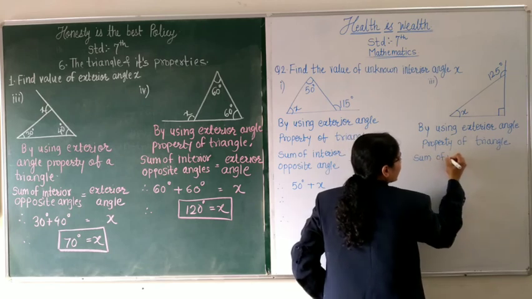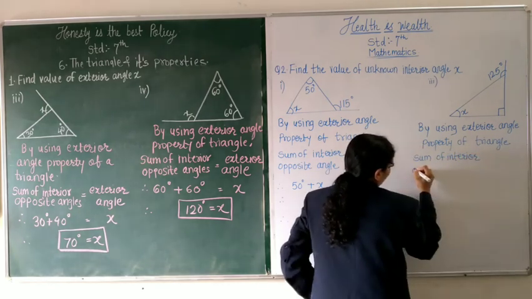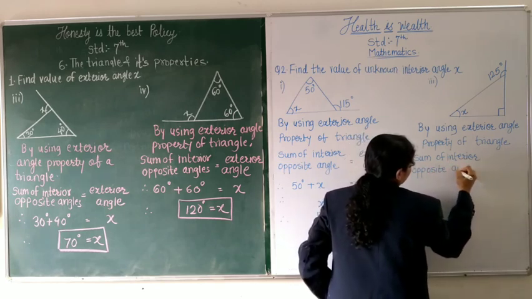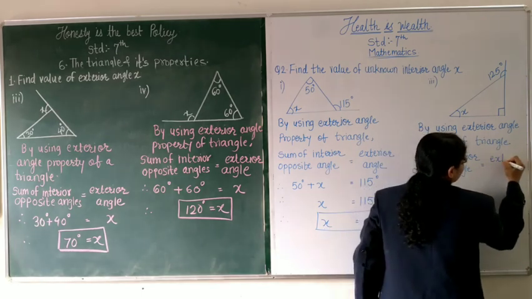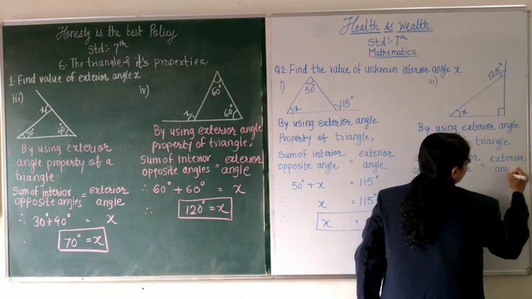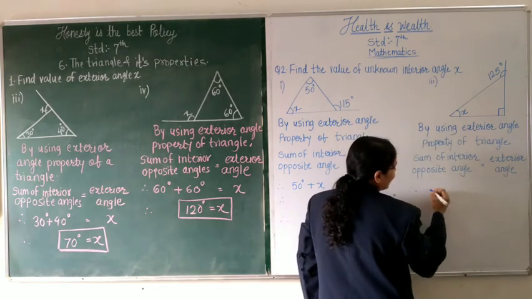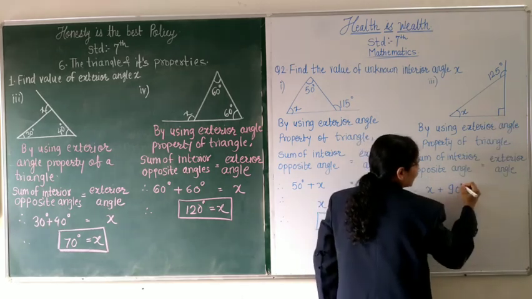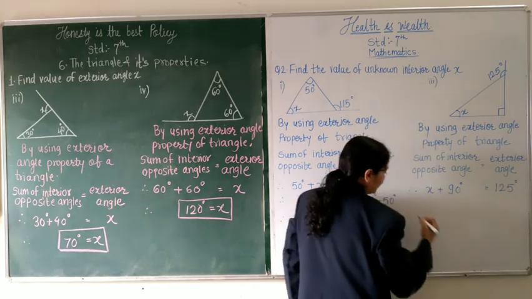Sum of interior opposite angles is equal to the exterior angle. The sum of interior opposite angles is x plus 90 degree, and the exterior angle is 125 degree.